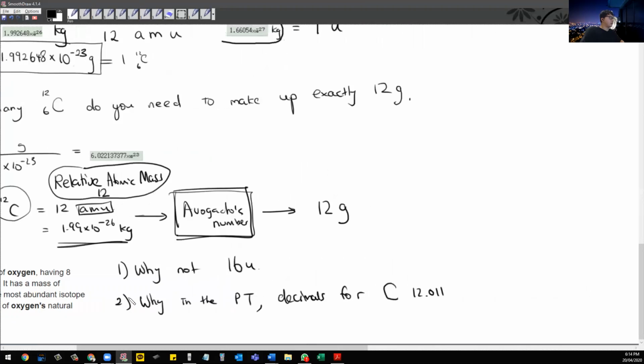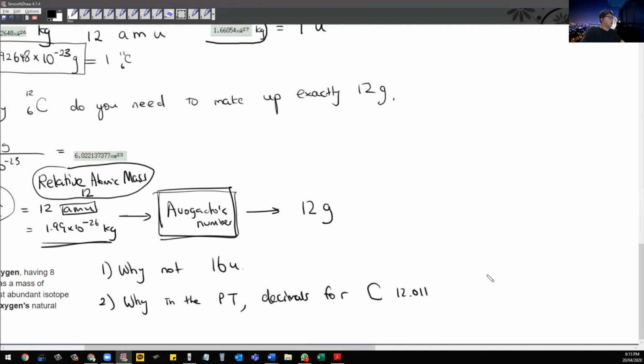This is something you guys have already done, right? It's a weighted average. Carbon 12 has a mass of 12. Carbon 13 has a mass of roughly 13, not exactly 13. The only thing that has exactly an integer 12 without any decimals is carbon 12 only.